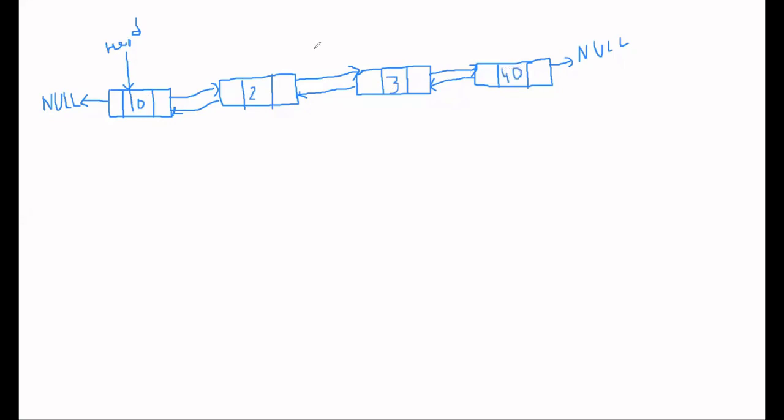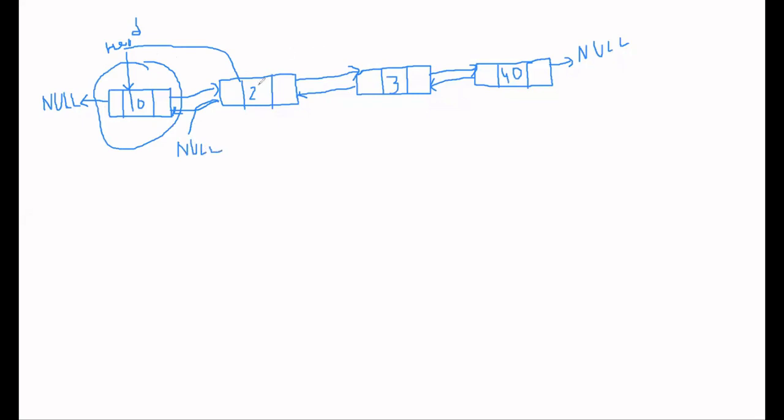What will our deletion function do? We'll try to delete first from the beginning of our linked list. So it should delete this node, and now our head should point to the next node. Its previous should point to a null value because its previous node will be deleted.